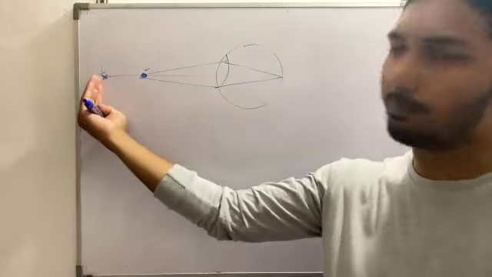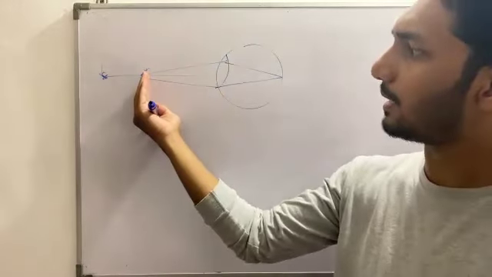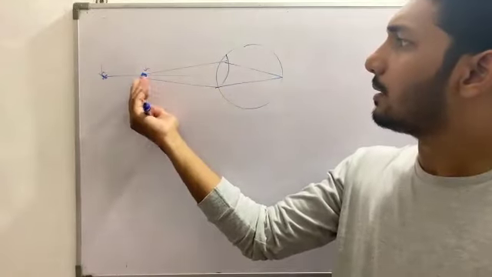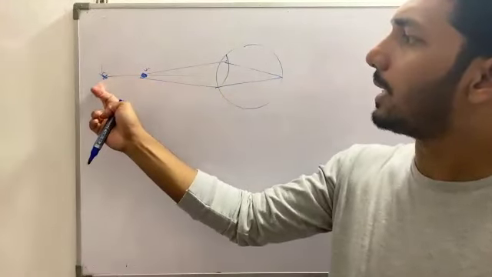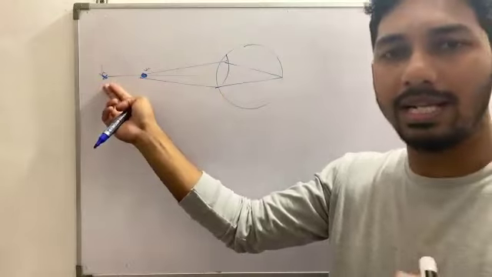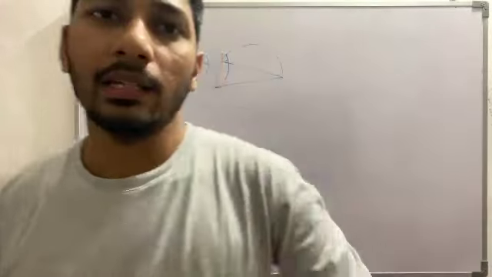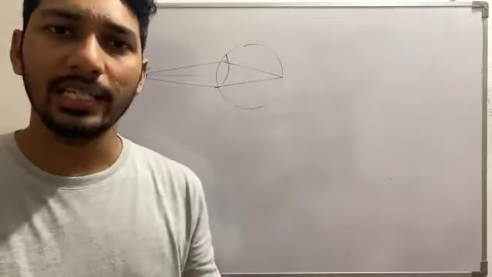So now they don't have to keep it far. They keep it at a distance where a normal person would keep it, and then the image will be created at their own near point, and their eyes will make a good, clear image.